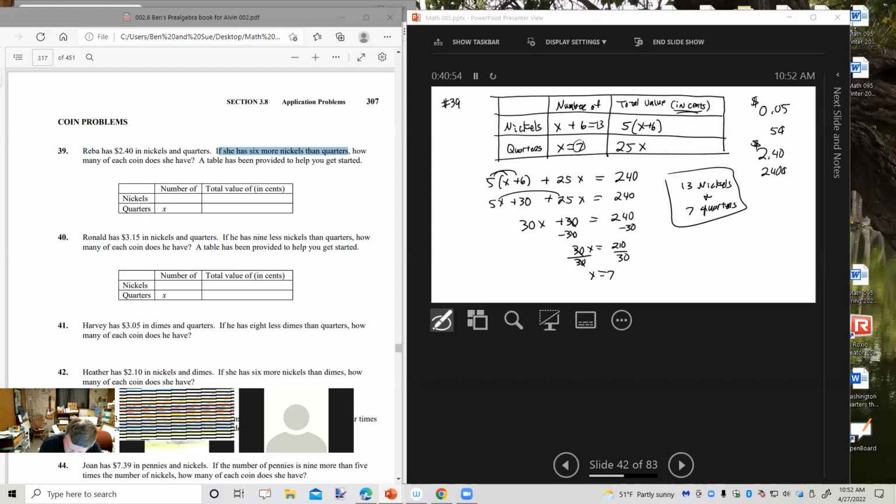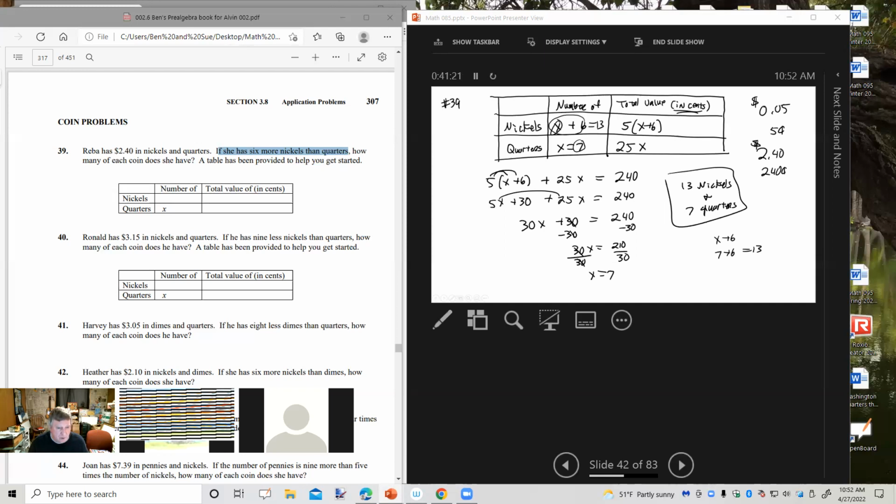So x is 7, right? Yes. So x plus 6 would be 7 plus 6, because we're putting 7 in the place of x. Okay, thank you. Seeing it? You sure? Okay, all righty.